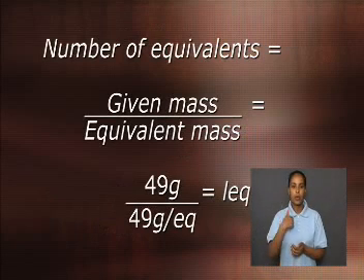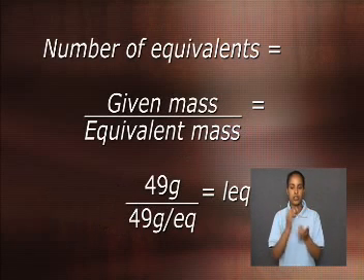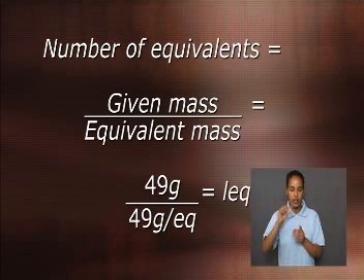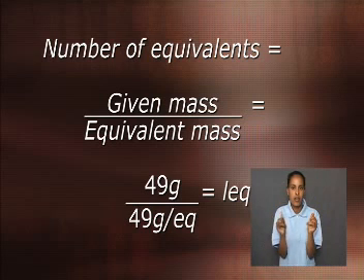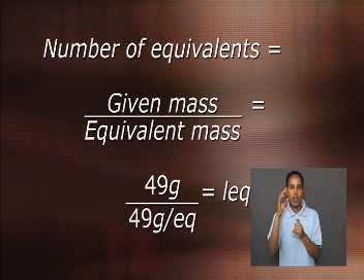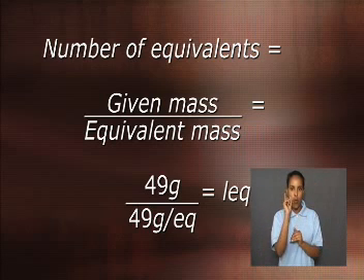We can use this information to figure out the number of equivalents. The given mass divided by the equivalent mass. So, 49 grams divided by 49 grams per equivalent equals 1 equivalent.